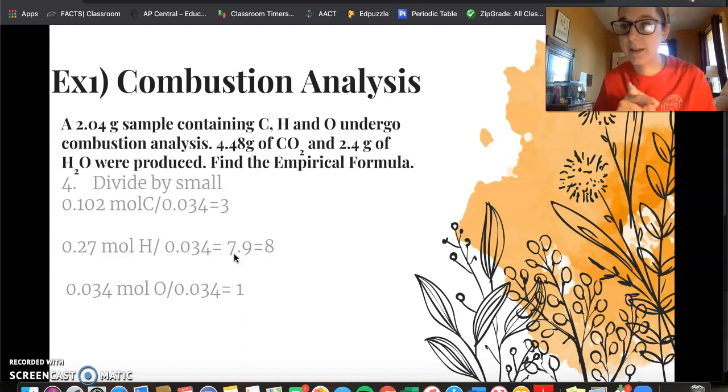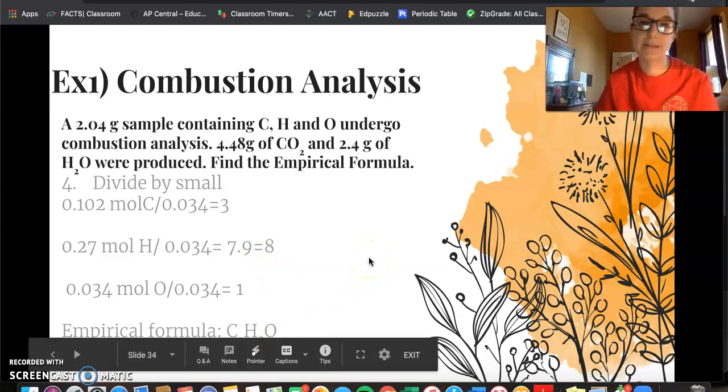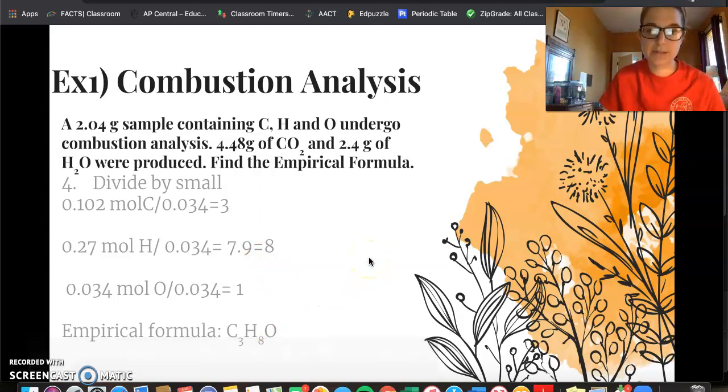For 0.25, you would multiply by 4. And for 0.5, you would multiply by 2. So those are the most common ones that you'll see. Typically, you can just play around with it until you get a whole number. So the empirical formula of this compound is C3H8O.